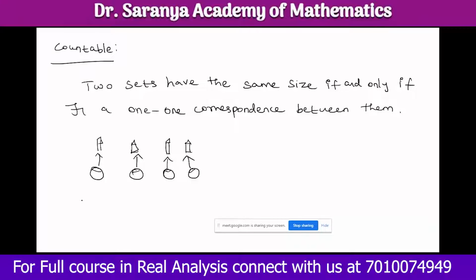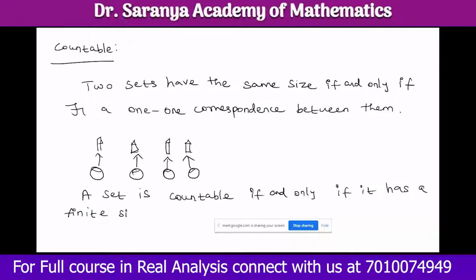So when is a set said to be countable? A set is countable if and only if it has a finite size, or there is a one-to-one correspondence with natural numbers.